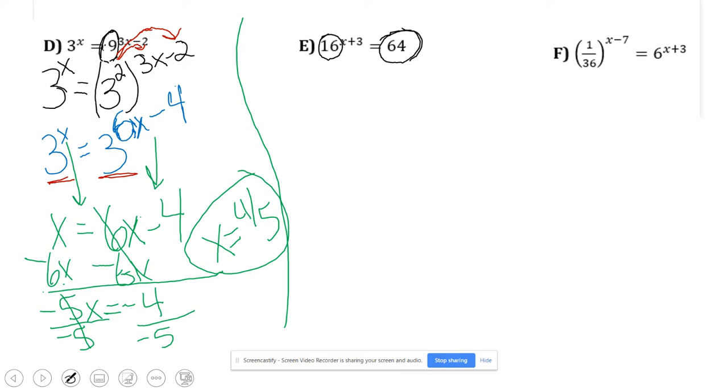Well, we changed 16 to 4 squared earlier. 4 squared was 16. You still have that x plus 3 up there. So 64. We can use our calculator, and we find out that 4 to the 3rd power is 64.